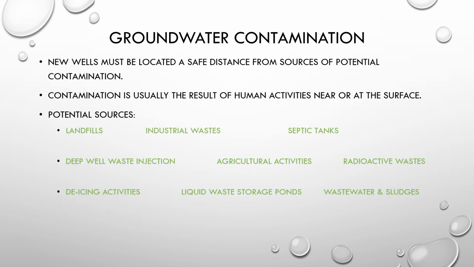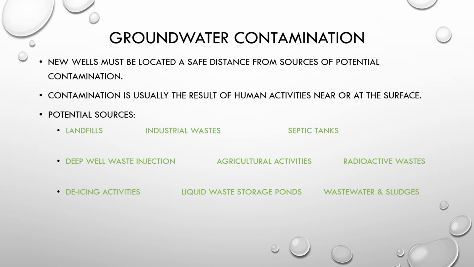So, groundwater contamination. Let's move on to some of this real quick. Your new wells, you want those to be located a safe distance from sources of potential contamination. That seems like an obvious statement. However, people don't always pay attention to their surroundings, let's just say. Contamination can usually come in the form of a human activity or a natural occurrence.